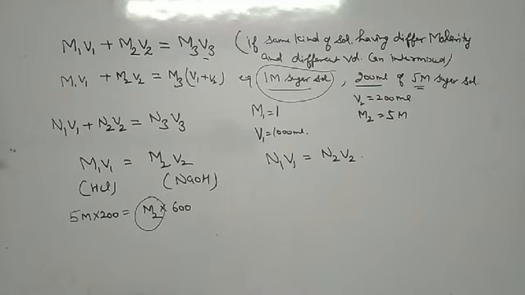So whenever we mix 100 ml of the first solution and 200 ml of the second solution, what will be the new volume? 300. And molarity is 2 molar for the first solution and 4 molar for the second solution. Now what will be the molarity of the new solution? We have to find that out.